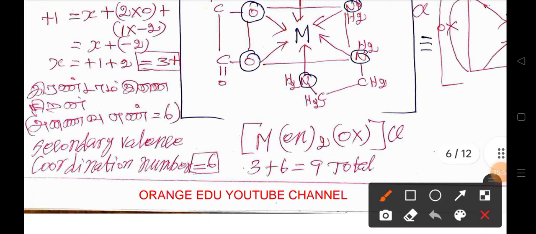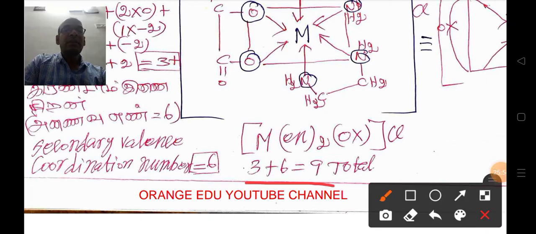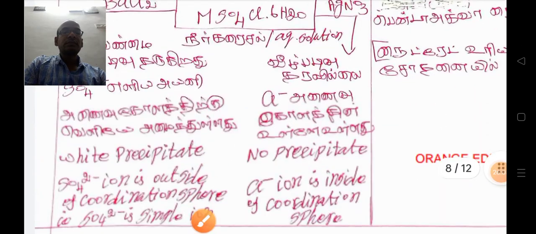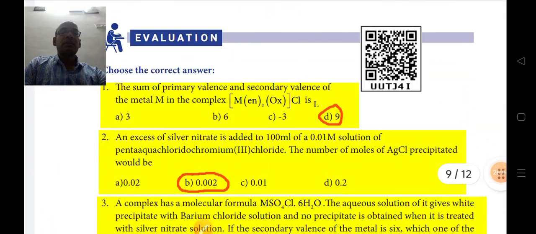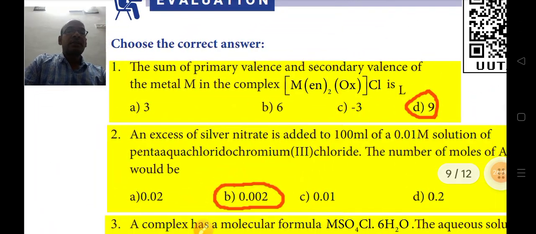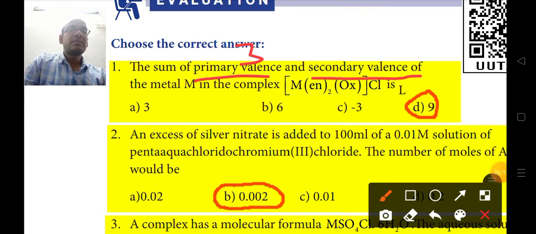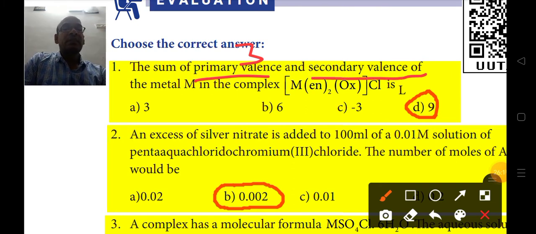Therefore, primary valency is 3, secondary valency is 6, total is 9. Primary valency means oxidation number, secondary valency means coordination number 6. Sum total is 9.